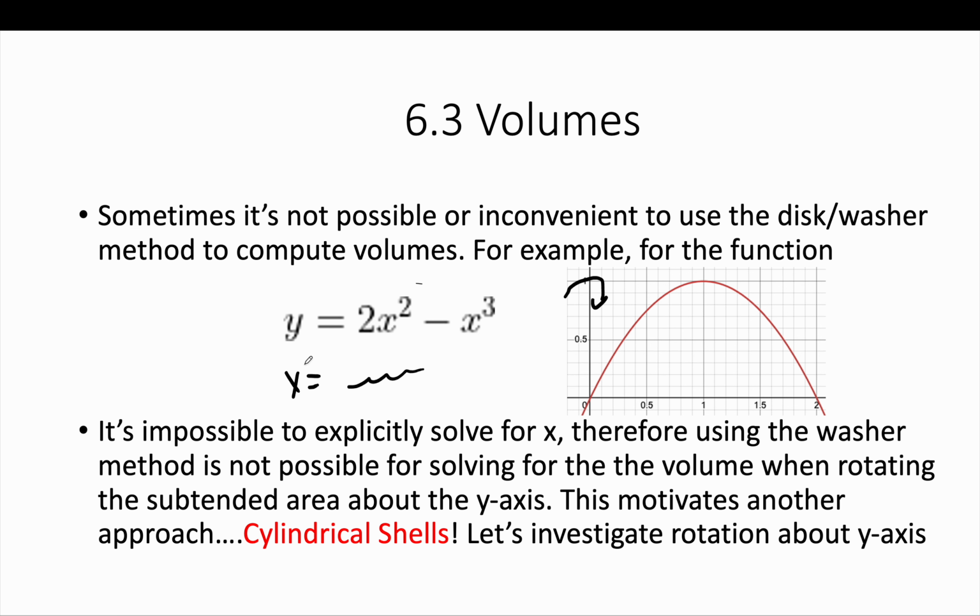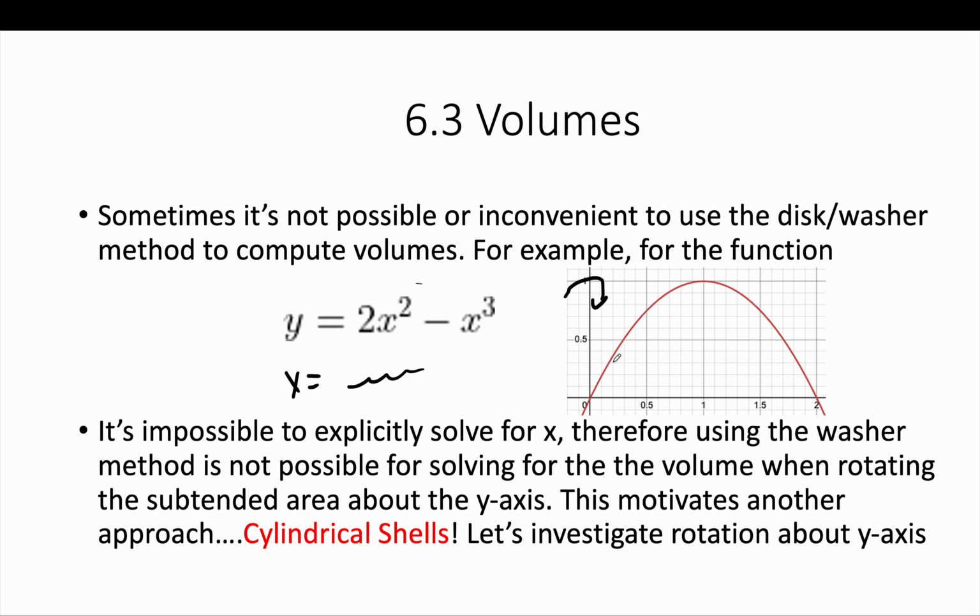So we would need to find another method, and this method is called the cylindrical shell method. Basically, we're going to choose a representative rectangle and rotate that rectangle around the y-axis to generate what's called a cylindrical shell.